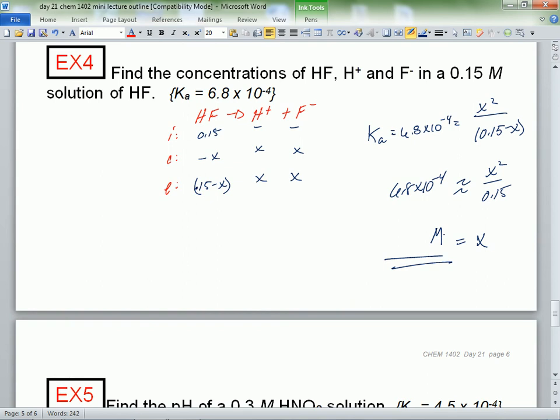Okay, get your x to be 0.01. I think a lot of people got this, about 0.01 for your x on number 4. And then you just plug those back in for everything. You have the concentration of everything.